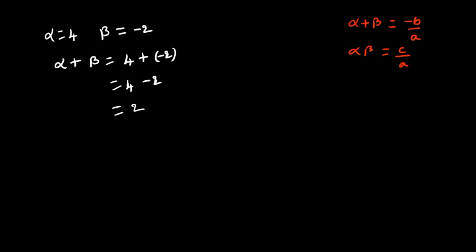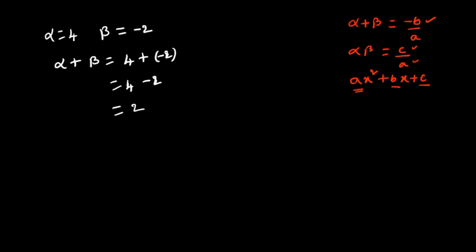The general form of a quadratic polynomial is ax square plus bx plus c. Minus b by a means x coefficient by x square coefficient, and c by a means the constant by x square coefficient. So the sum of the zeros, alpha plus beta, is minus x coefficient by x square coefficient, and the product of the zeros is constant by x square coefficient.